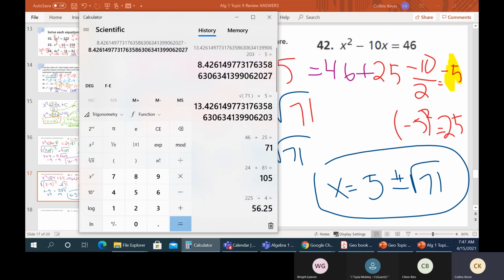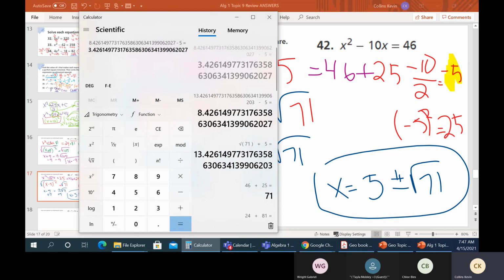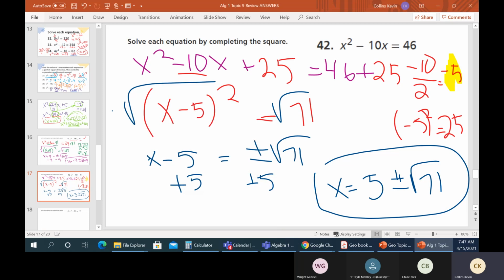Then we subtract 5. And the other possibility is, so it's about 3.4 or about 8.4. Okay? So that's how we do that. If you want actual answers, that's all you have to do. Is take 5 and add the square root of 71, and then take 5 and subtract the square root of 71. Beautiful.